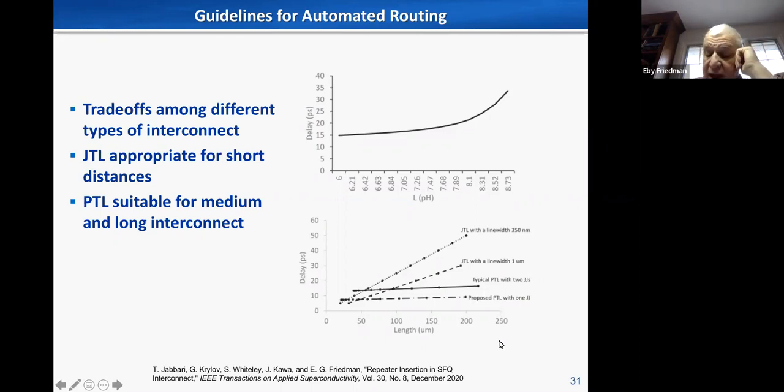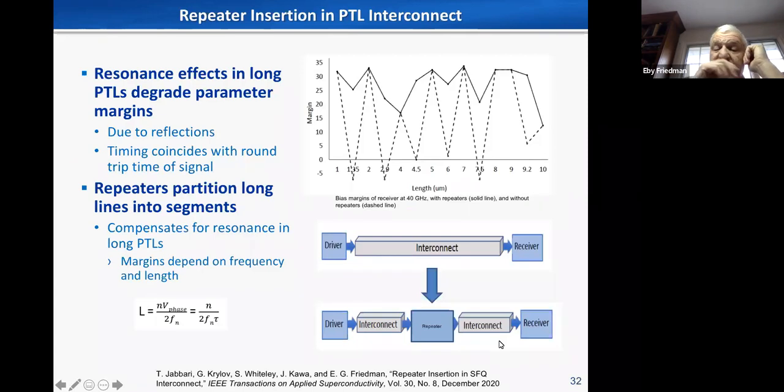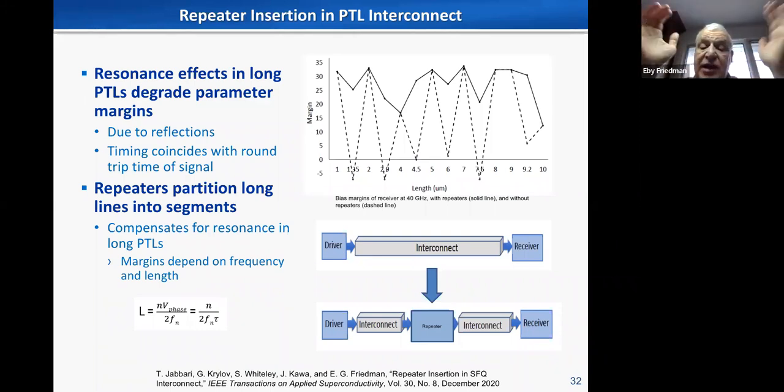And that brings up an issue shown here with PTLs, where you actually have reflections in this low impedance line or zero impedance line. It bounces from the source to the receiver and back to the source. So you actually have to be concerned about the length of the line and what the time of flight is. And we have this in CMOS too, but it's a much more dramatic issue in SFQ.